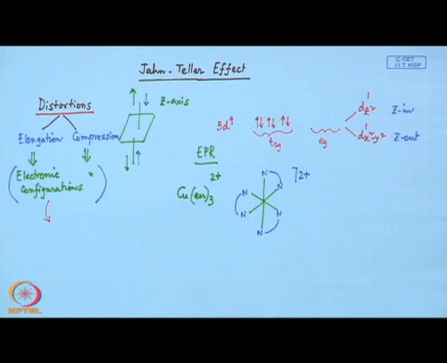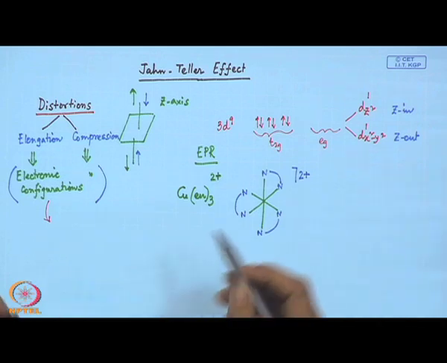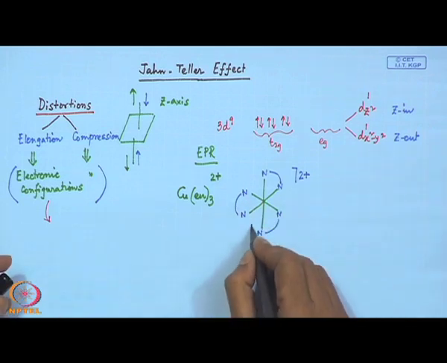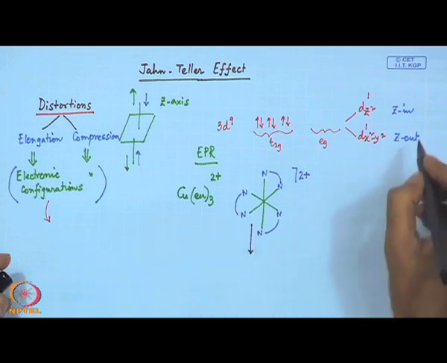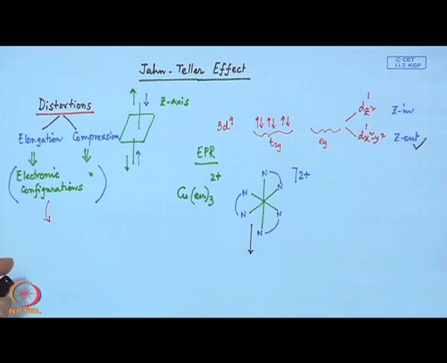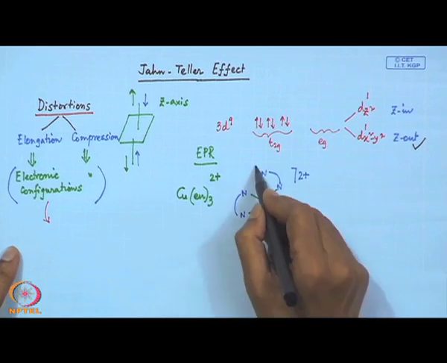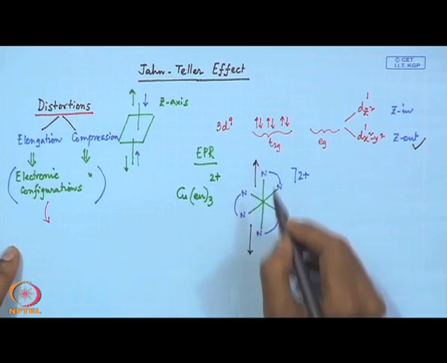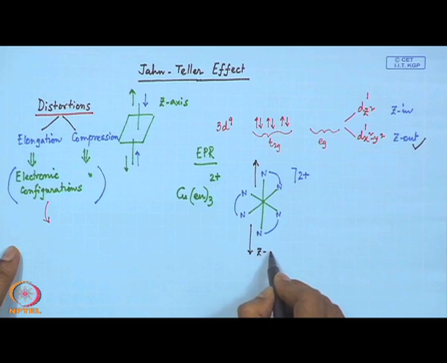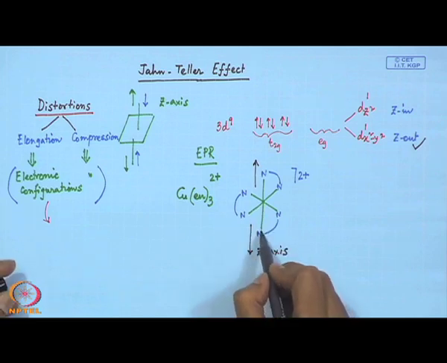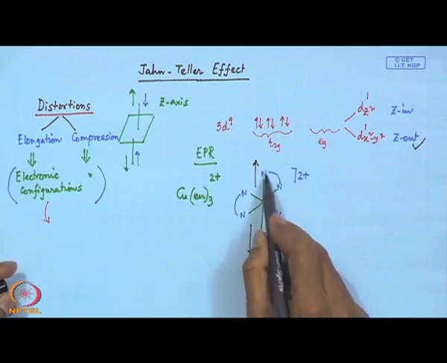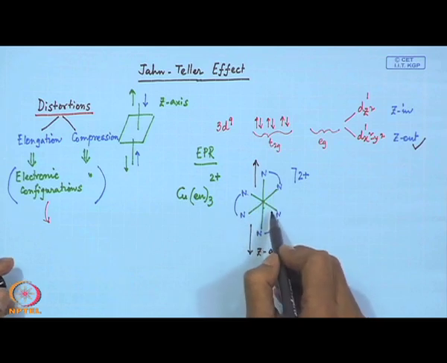So, if we consider this particular direction as the Z out situation, these two axes, that means the Z axis, will try to elongate, that means these two copper nitrogen bonds will be longer compared to the other 4.